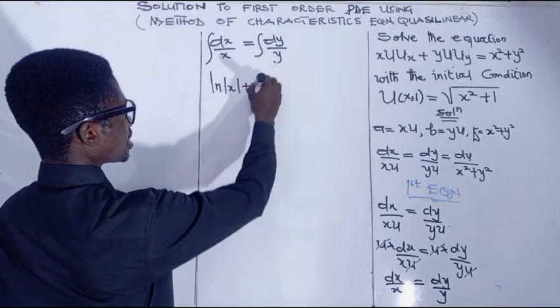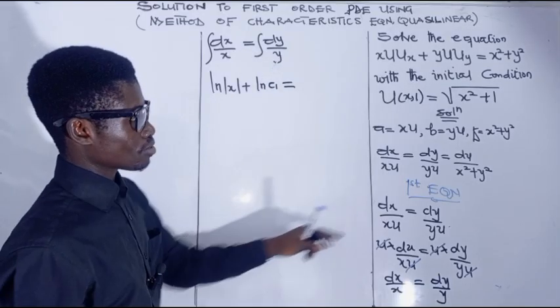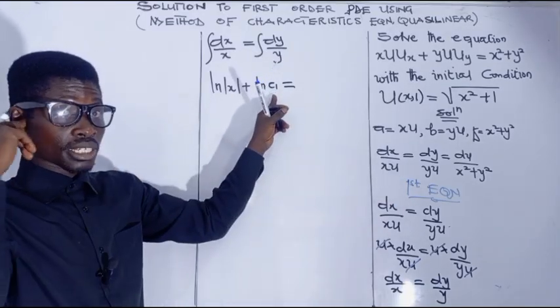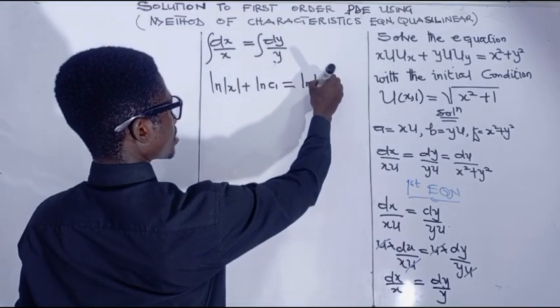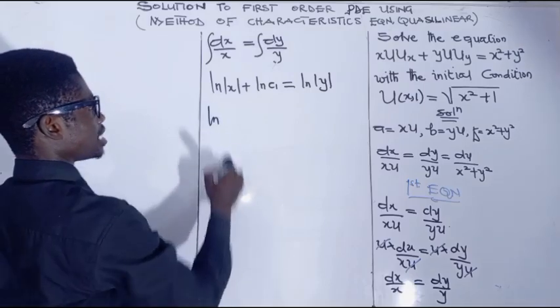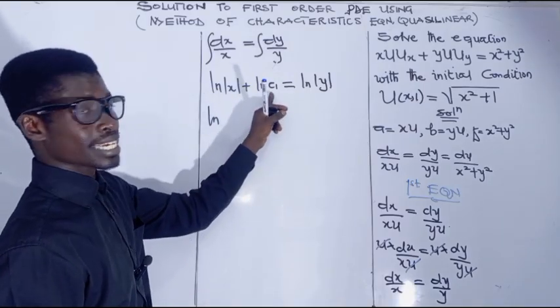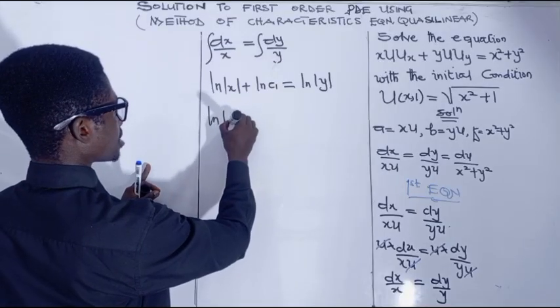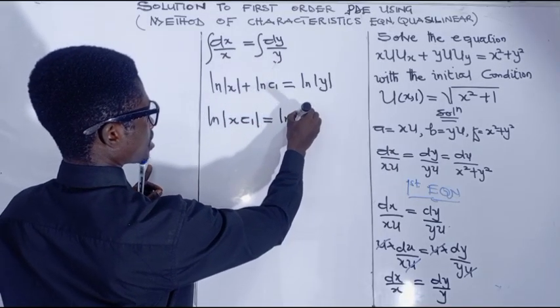Since we have ln, let's take the ln of the constant. If we are going to have two equations, let's call this constant c1. And then when we integrate this, we are going to get ln y. Applying our basic knowledge in logarithm, we have ln and ln. We pick one of the ln, we multiply the arguments. So we are going to have x multiplying c1 is equal to ln y.